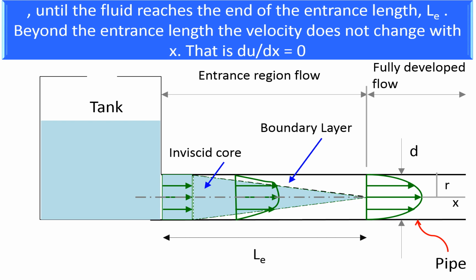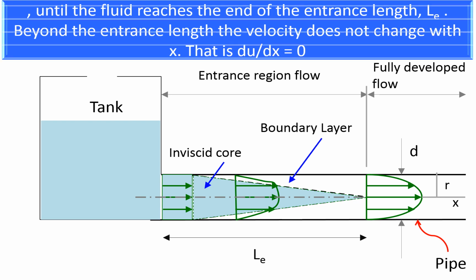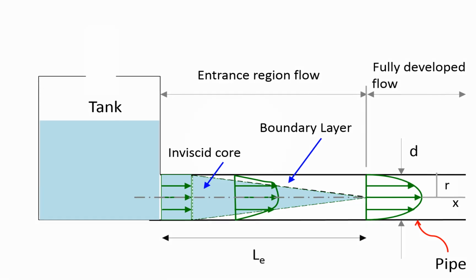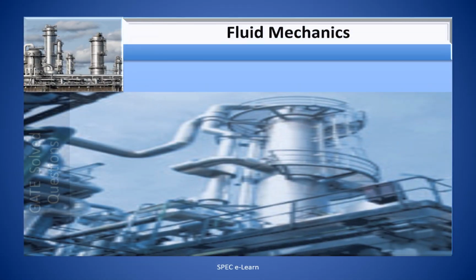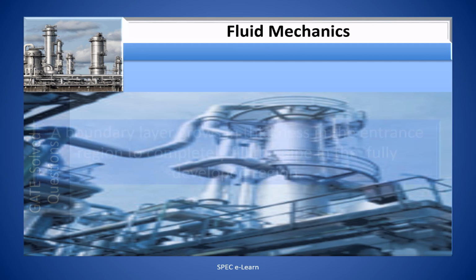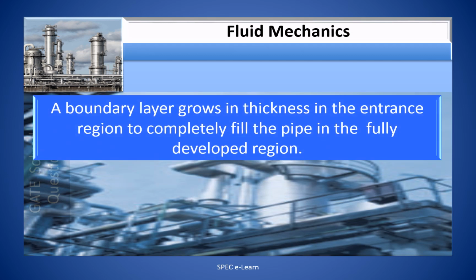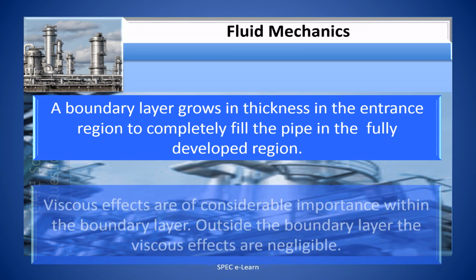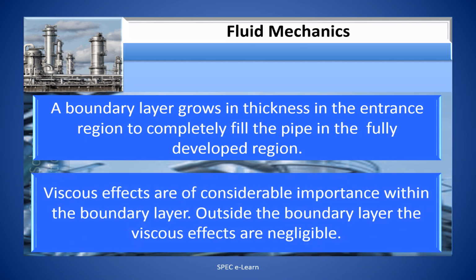Beyond the entrance length, the velocity does not change with x, that is, du by dx is equal to 0. The boundary layer grows in thickness in the entrance region to completely fill the pipe in the fully developed region. Viscous effects are of considerable importance within the boundary layer. Outside the boundary layer, the viscous effects are negligible.